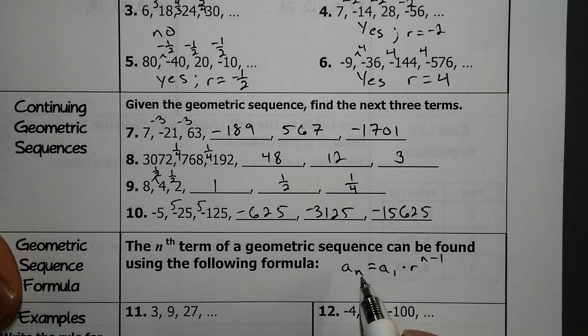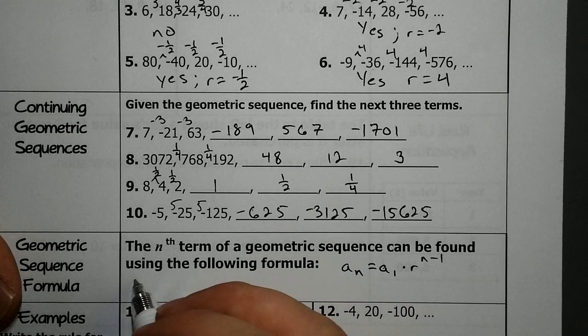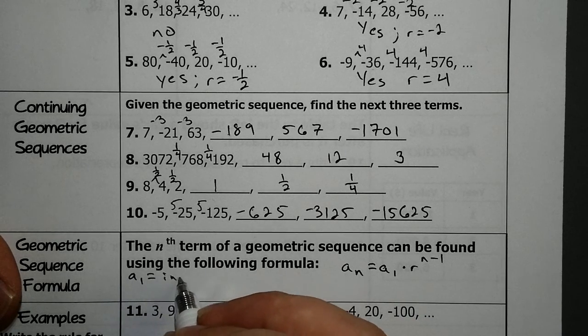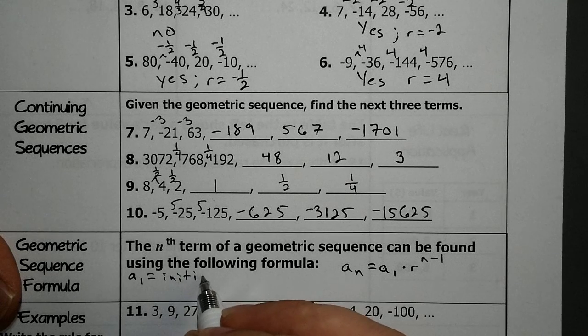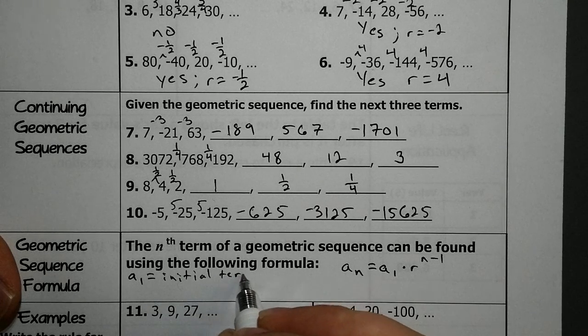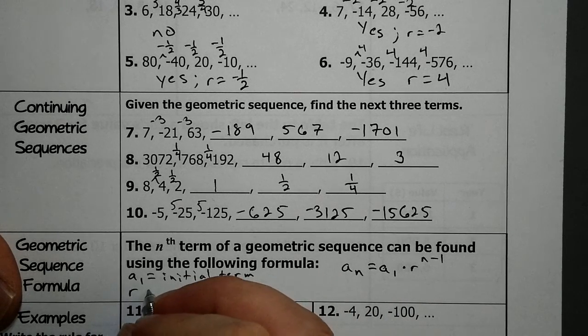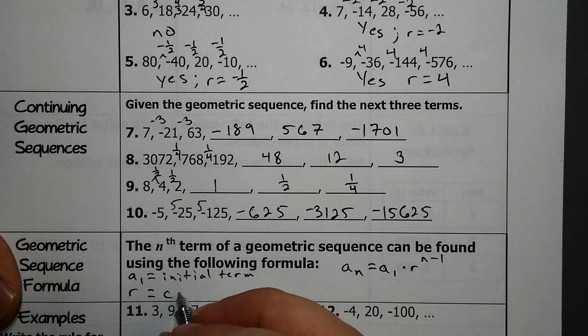So, if they want the 10th term, a sub 10, or whatever. a sub 1, remember, is your initial value, or your initial term, and we know the r is just your common ratio.